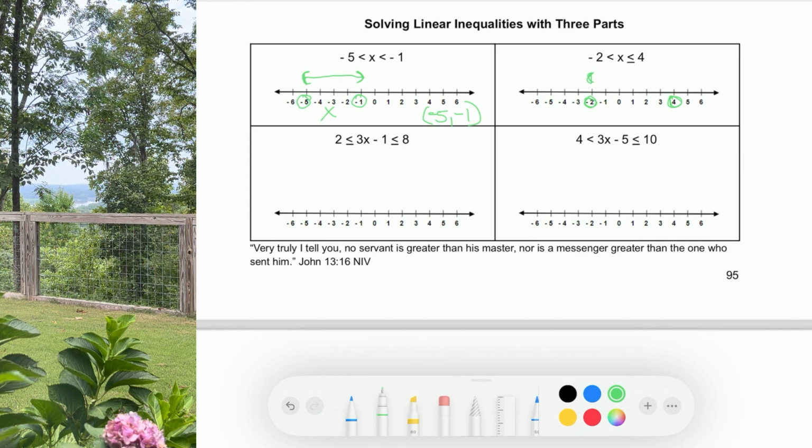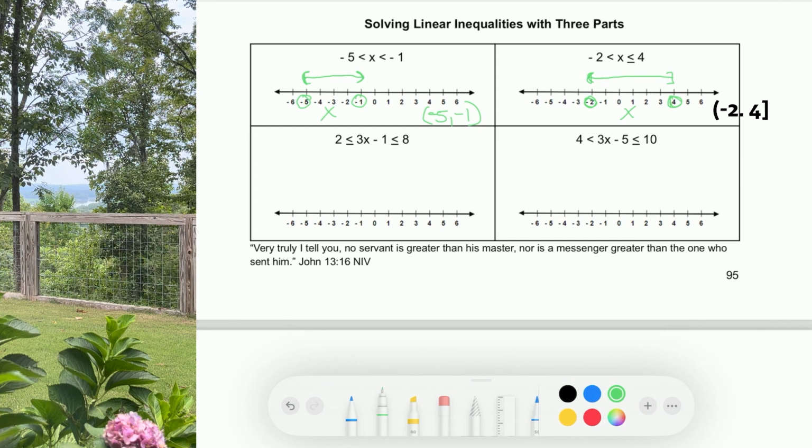The one connected to the 4 is a less than or equal to. So it does include 4. So I'm gonna have a bracket and then we're gonna connect them. So x, the value of x has to be greater than -2 and less than or equal to 4, somewhere in there, okay?